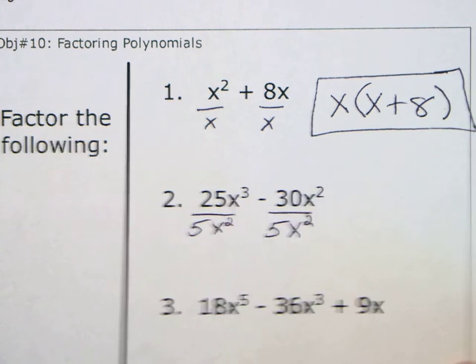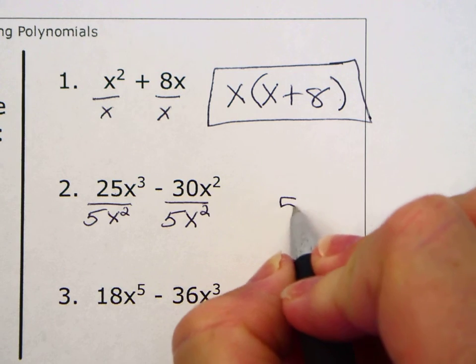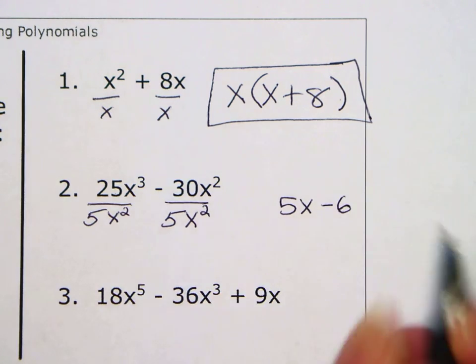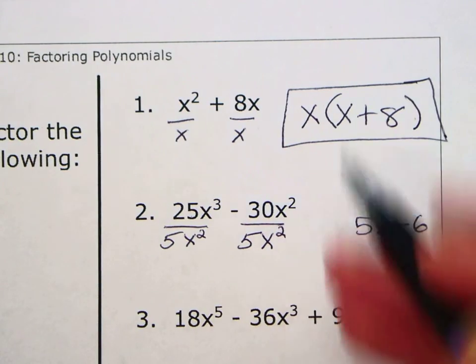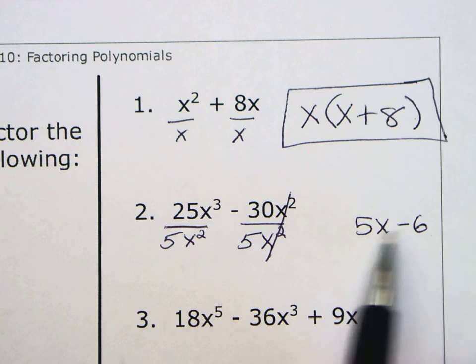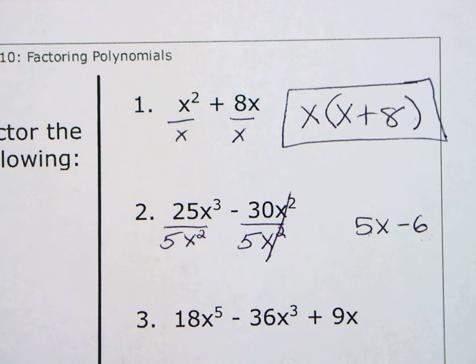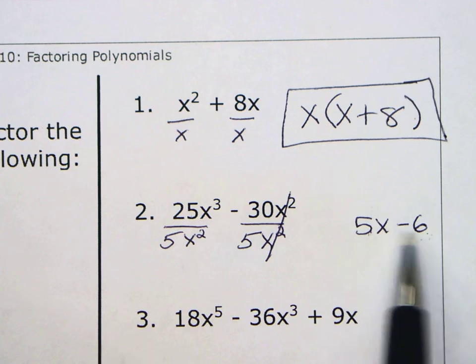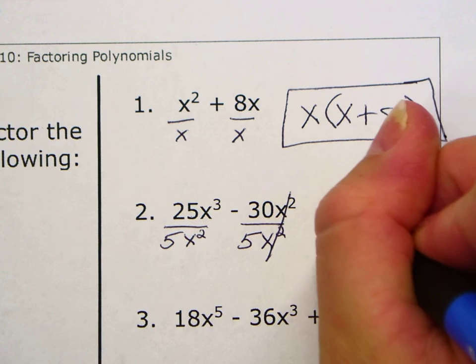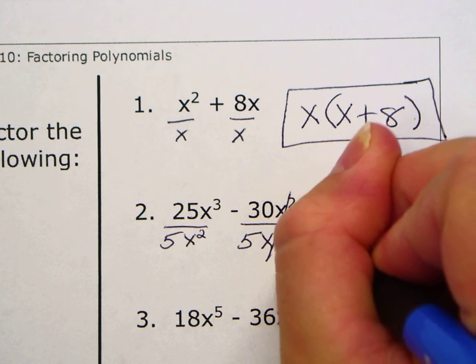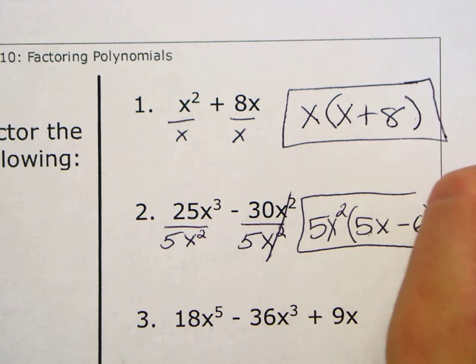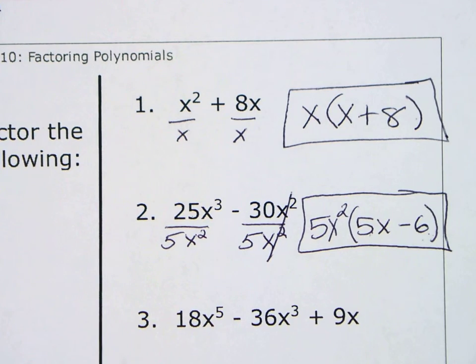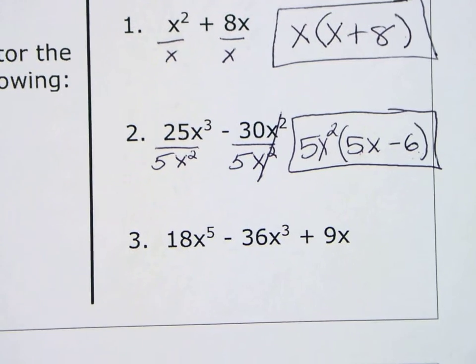When you divide, you get 5x minus 6. Make sure these x's cancel. If you have x's in both of these, you made a mistake. You know you made a mistake if there's a common term here. Parentheses, 5x squared on the outside. Okay?